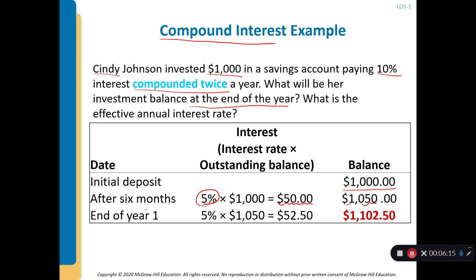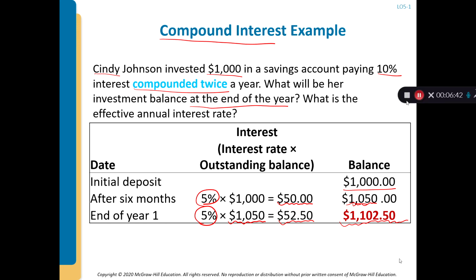And then in the second half year, you gain the interest rate of 5% because it's simultaneously compounding. So therefore, your base is going to be $10,050 and your interest is $52.50. So therefore, your ending balance should equal $1,102, right? Okay.